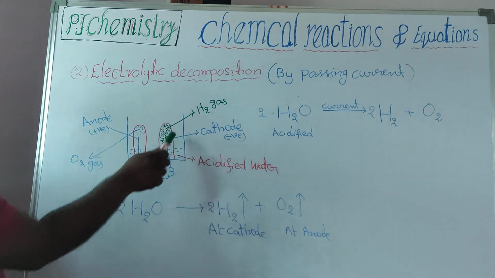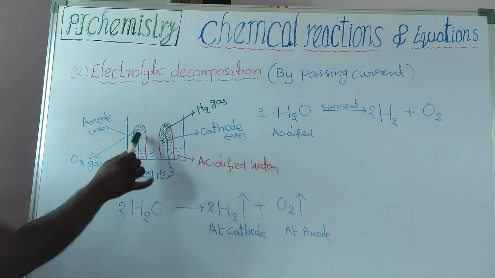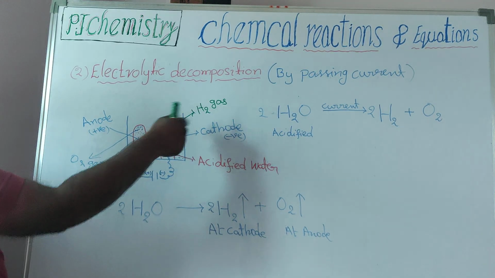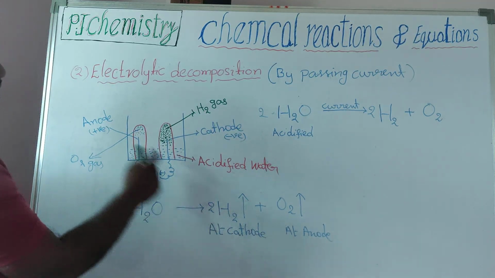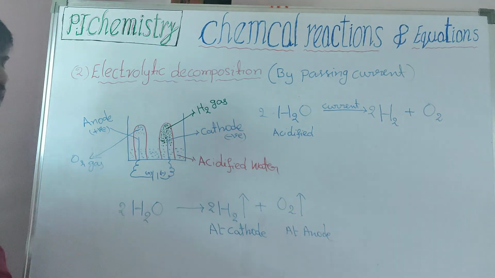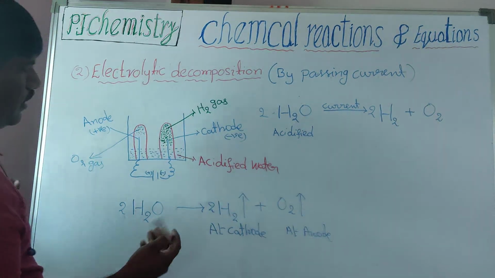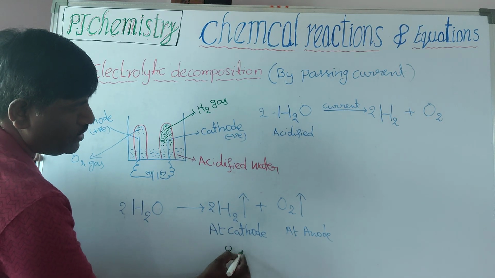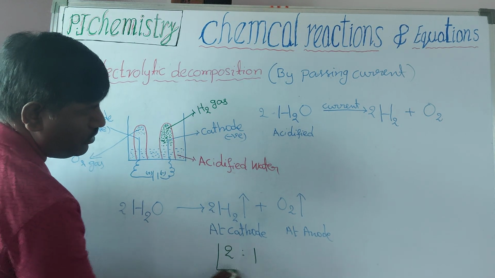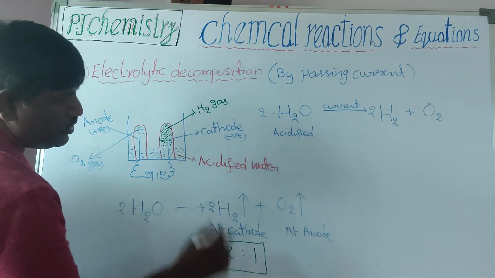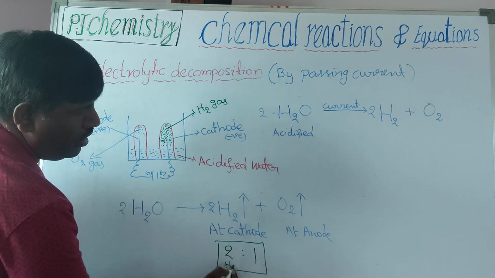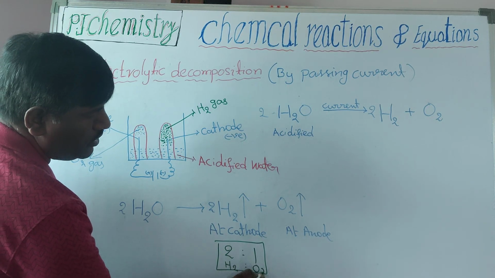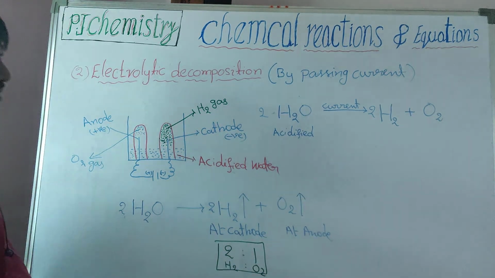Because in the equation, hydrogen is 2 volumes, 2H2, and oxygen only 1 volume, the liberation of hydrogen and oxygen is in a 2:1 ratio.